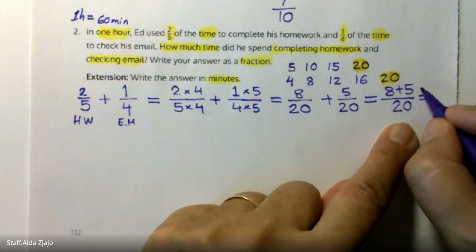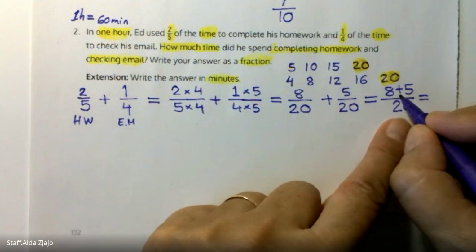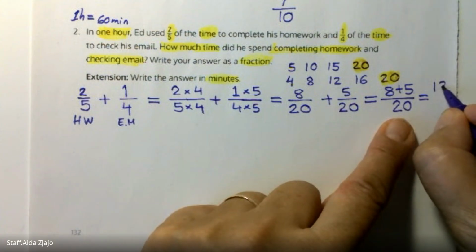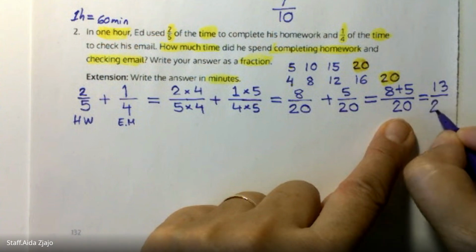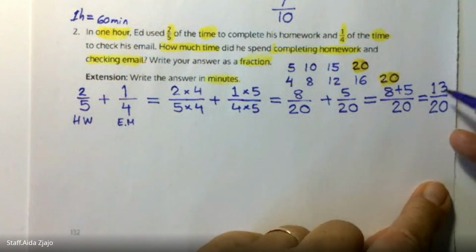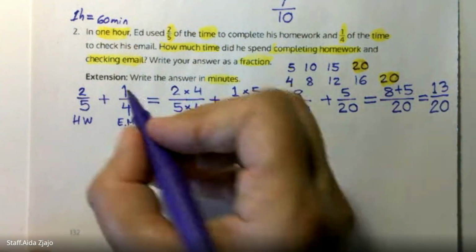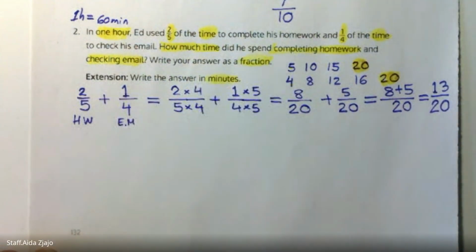Which is 8 plus, if I decompose 5 into 2 and 3, I can make 10 and 3 more. That means 13 20ths of an hour is how much he spent on the checking out. So now, how much is it? 13/20. Let's change it into minutes.